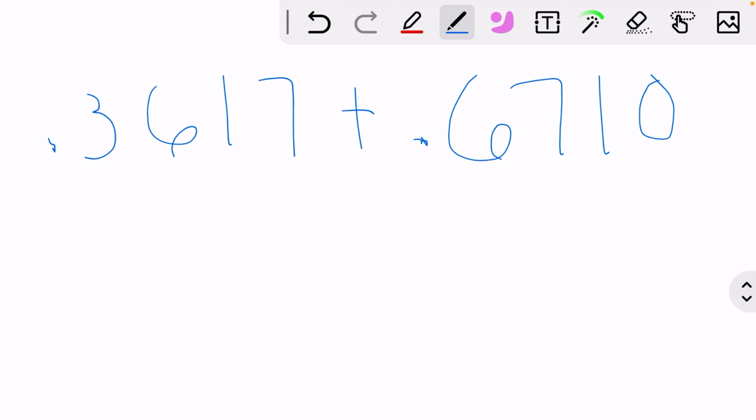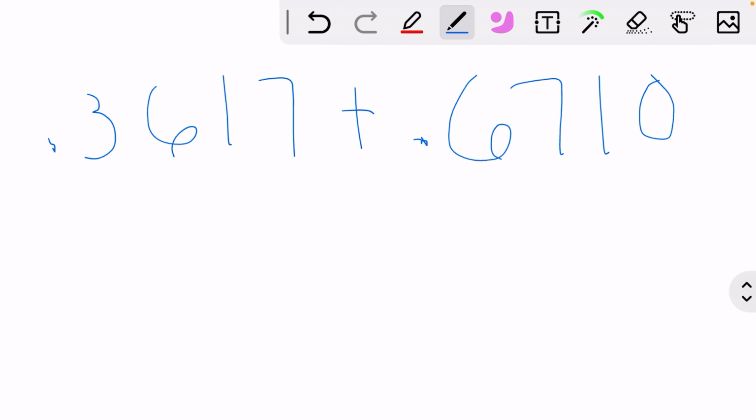Whenever you're adding or subtracting decimals, you just want to line up the numbers vertically and make sure that all of the decimals are right on top of each other when you arrange the numbers vertically.